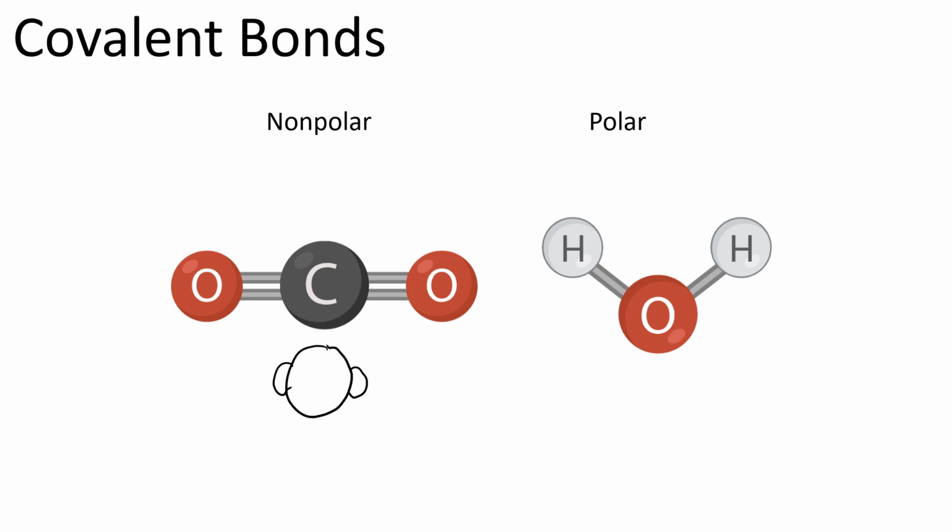We can also see that there are two gray connecting lines between the carbons and the oxygens, and these are meant to note to you that these are double bonds. So when electrons are shared equally, such as in carbon dioxide over here, and this is CO2, this is what we call a double covalent bond.